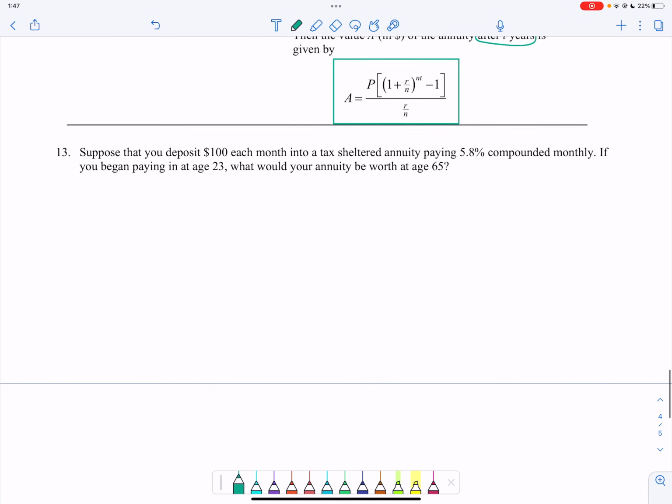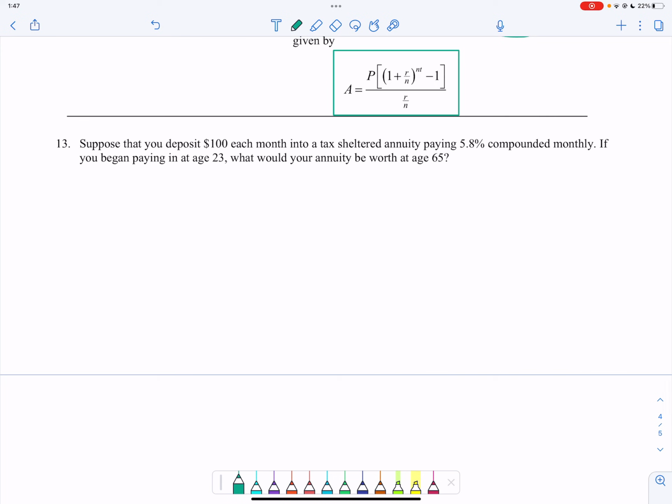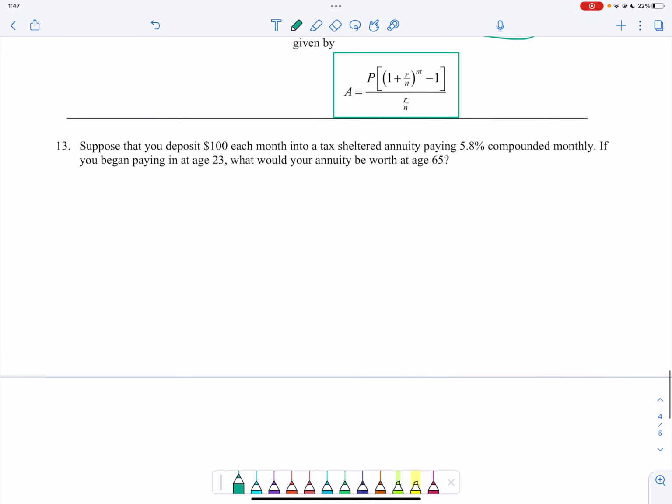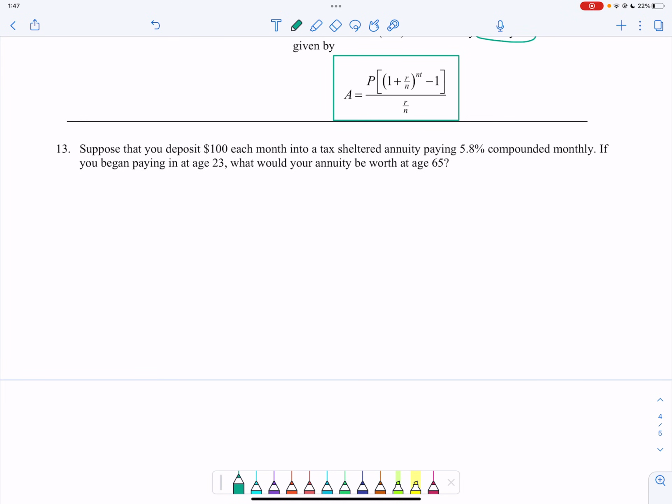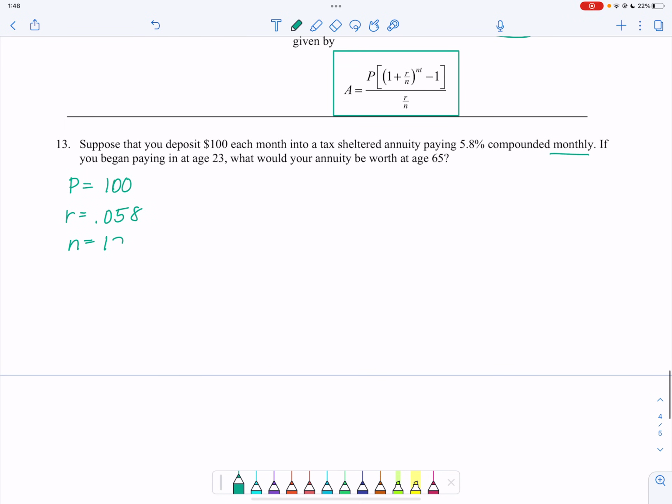So suppose that you deposit $100 each month into a tax-sheltered annuity, paying 5.8% compounded monthly. So let's just see. Our principal amount is $100. Our rate is 0.058. And they have said here that we are compounding monthly, so n is 12.